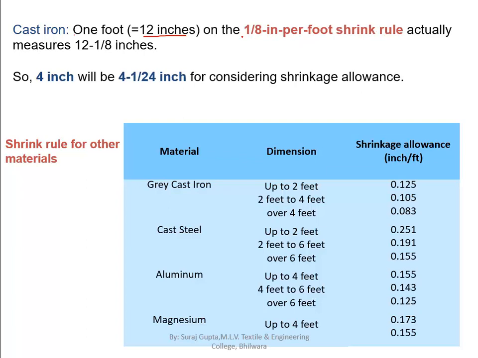For cast iron, it will shrink 1 by 8 inch per foot of the length in the solid state. Means if the liquid metal is converted into the solid phase, from that temperature to room temperature, it will shrink. So how much will it shrink? For 1 foot of the length of cast iron, it will shrink about 1 by 8 inch.